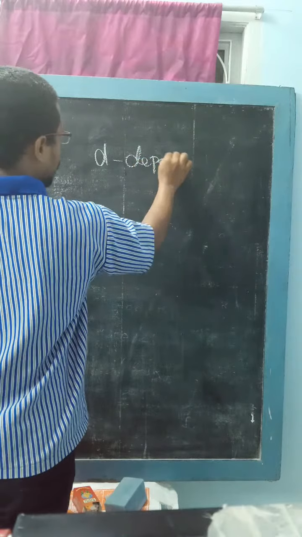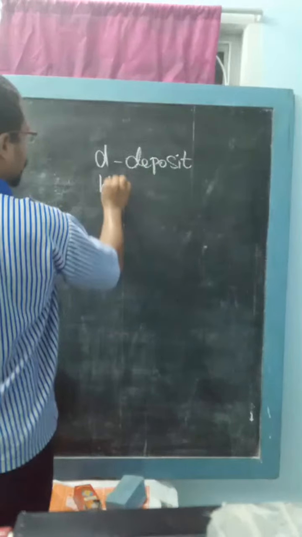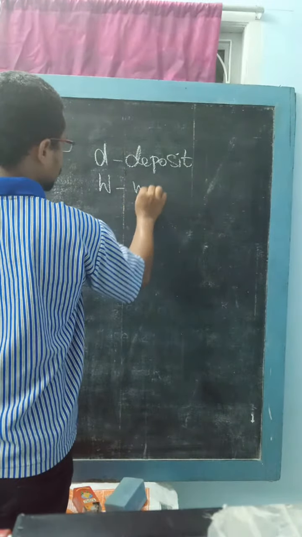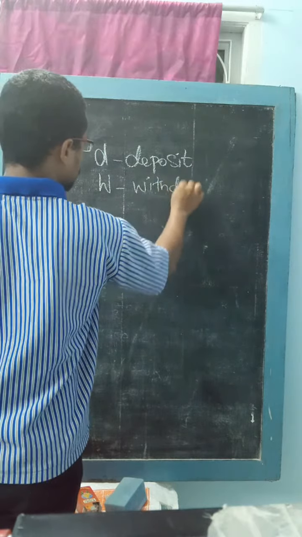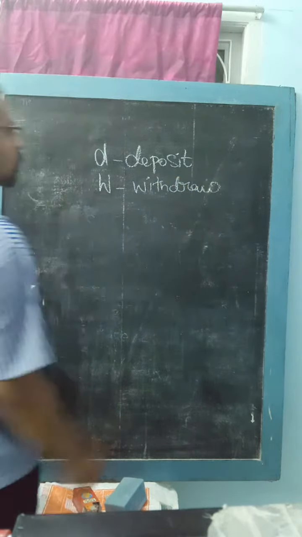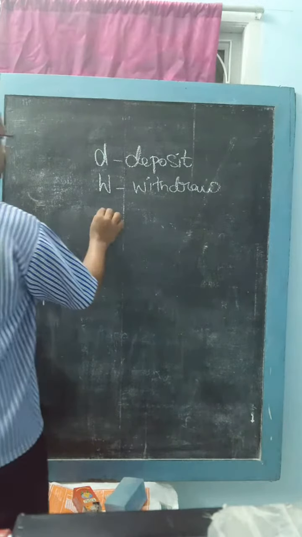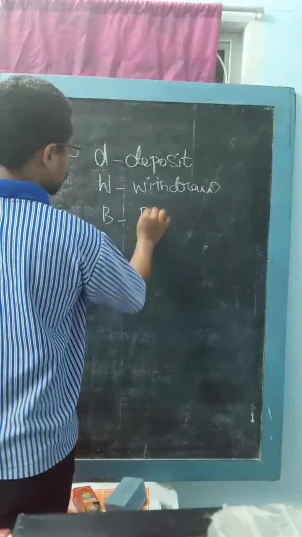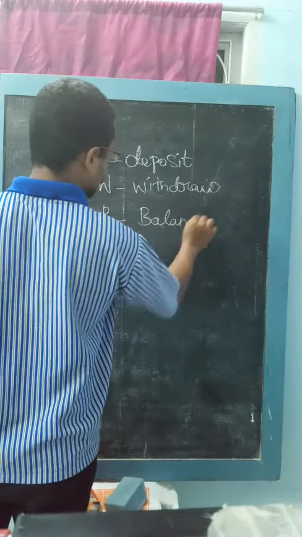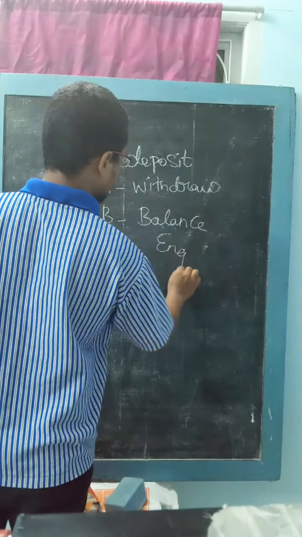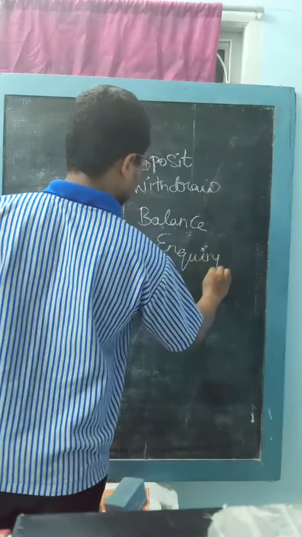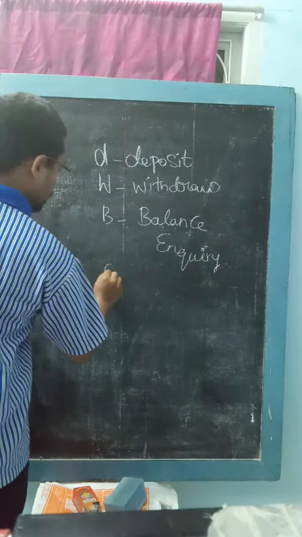D for deposit, W for withdrawal, B for balance inquiry, and E for exit.